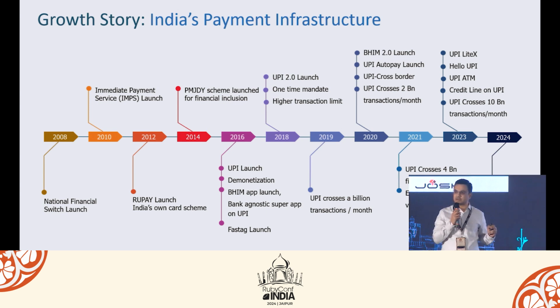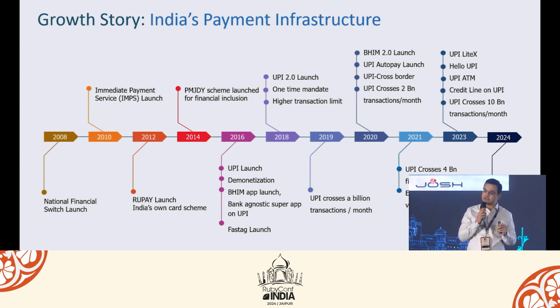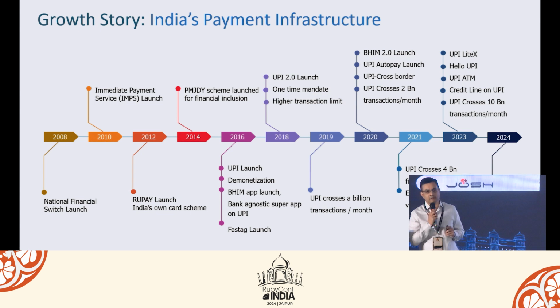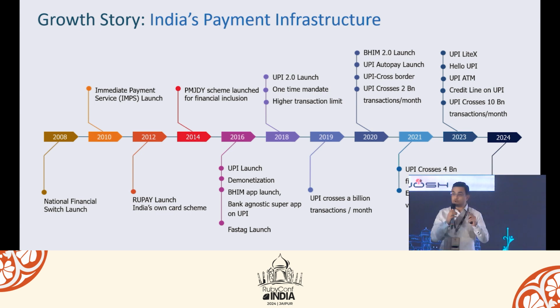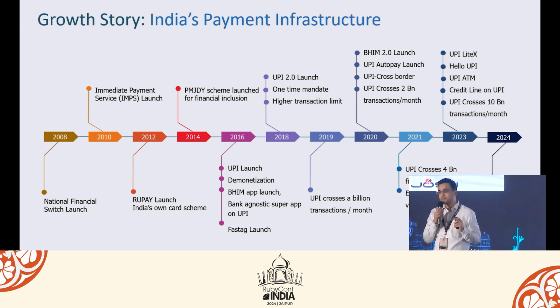And this is just a start. Essentially we process 500 million transactions per day, and we are ready for 1 billion transactions per day, and we are approaching that very fast. For UPI, we believe it's just a journey that is getting started.